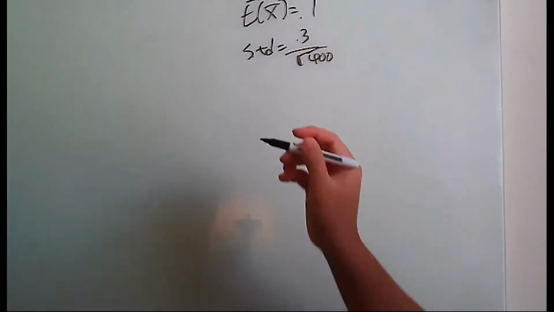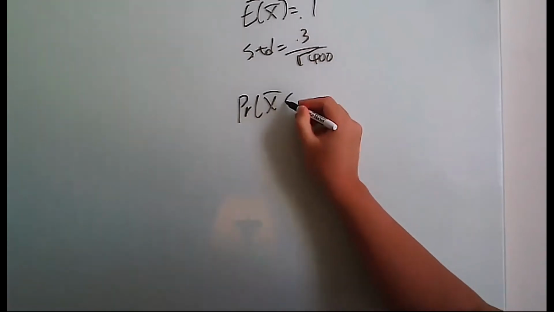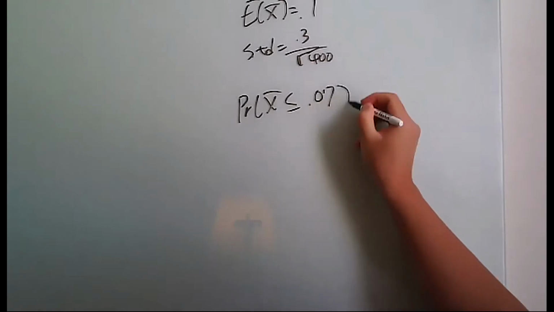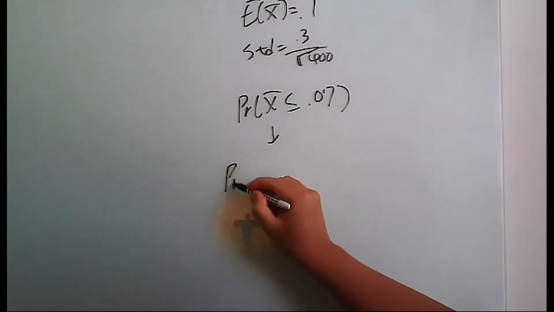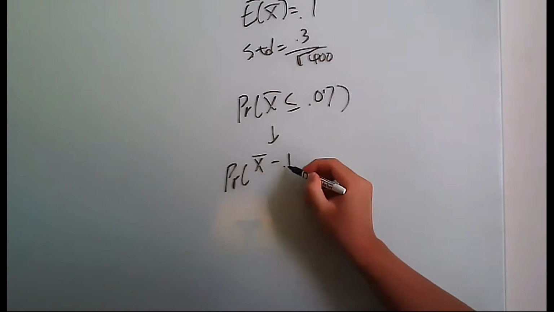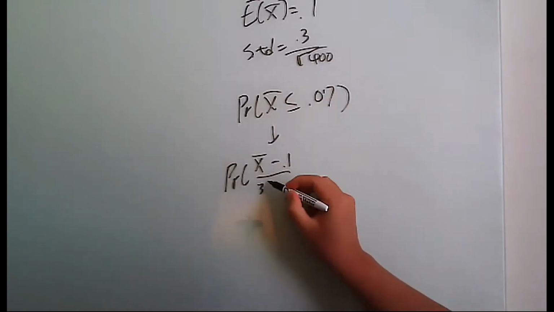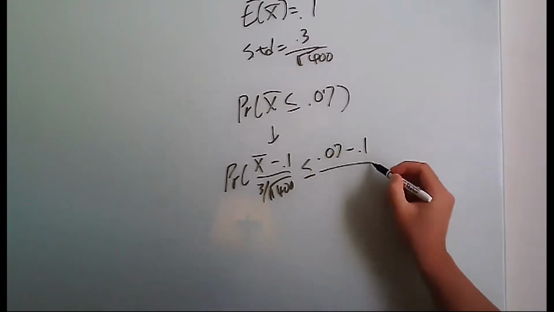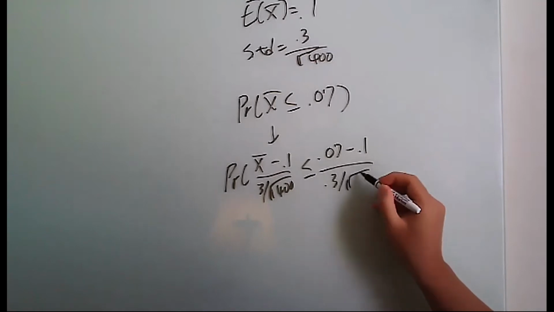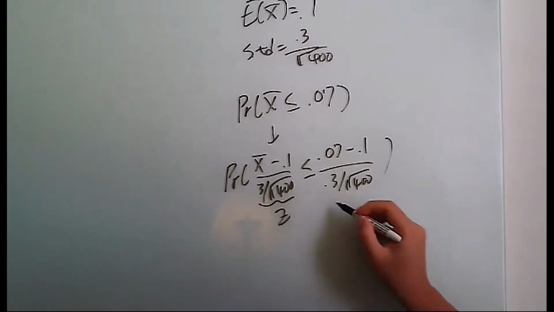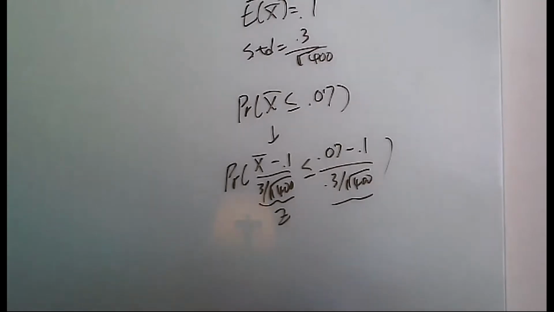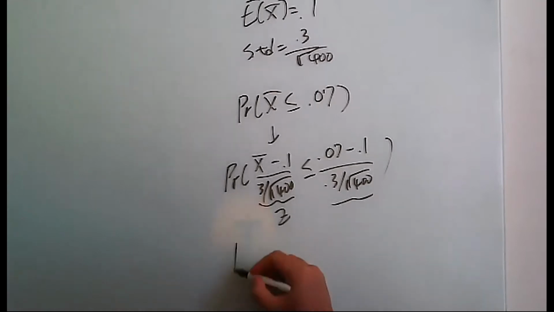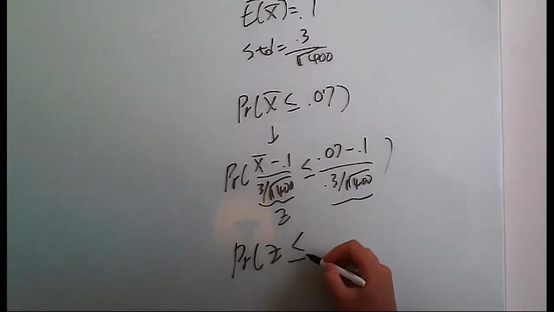If you are looking for the probability of x bar less than or equal to 0.07, then standardize: the probability of x bar minus 0.1 over the standard deviation, 0.3 over square root of 400, is less than or equal to 0.07 minus 0.1 over 0.3 over square root of 400. We know this is z, and it would be some number if you plug in the math. It actually equals the probability of z less than or equal to -2.